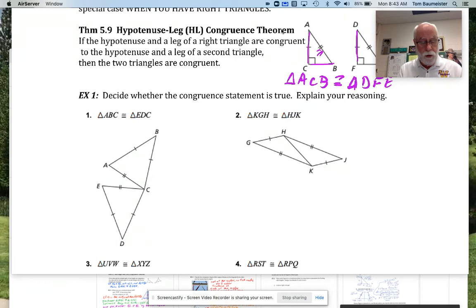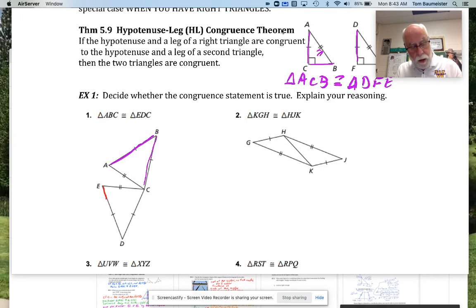So, triangle ABC is congruent to triangle EDC. So now let's look at what I said, A, B, C. I went through one that was 1, and then I went through another one that was 1. So that makes it an isosceles triangle, correct? And then let's go to the other one. So ABC, and then they said EDC.